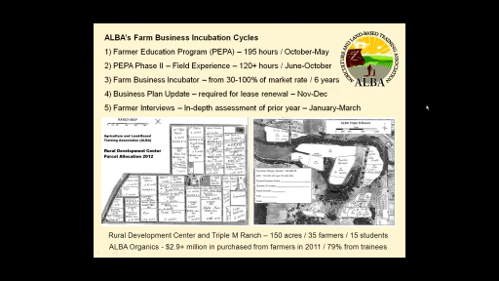And I want to emphasize that one of the areas where we've evolved over the last couple of years has been taking our participants from the initial PEPA program of 195 hours into what we're calling PEPA Phase 2, or the field experience. Prior to this change, we started people out in the incubator program at a lease typically at 1/2 acre.